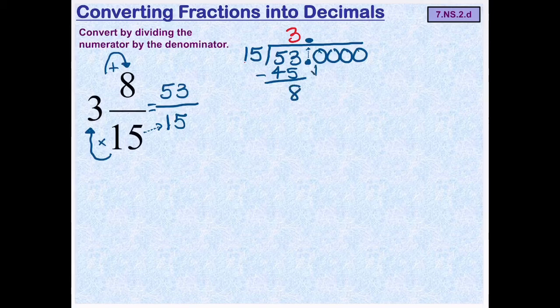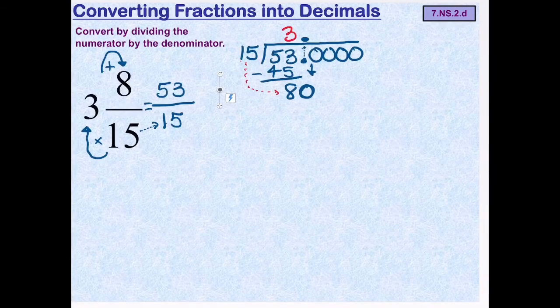All right, and then we're going to bring down the next number in the dividend, which is a 0, which is what we added. But instead of putting 3 remainder 8, which is not how we do decimal problems ever, we're going to put a 0 down into that number, and we're going to keep dividing. So how many 15s divide into 80? Here on the side here, I'm just going to do some 15s.